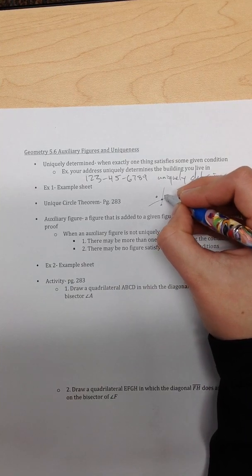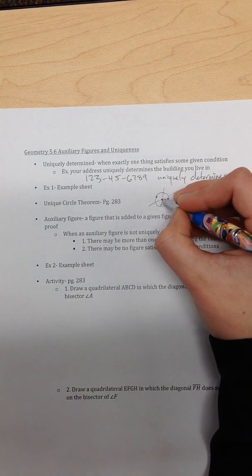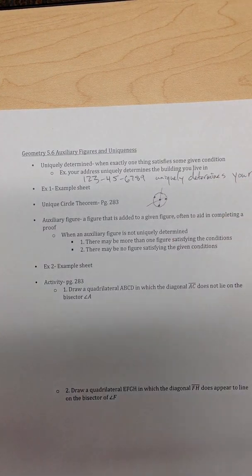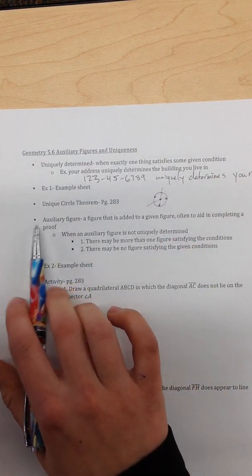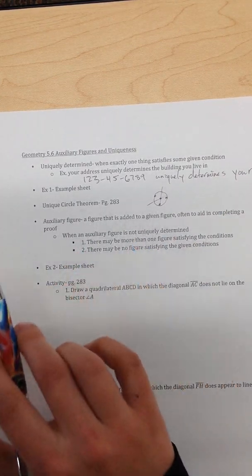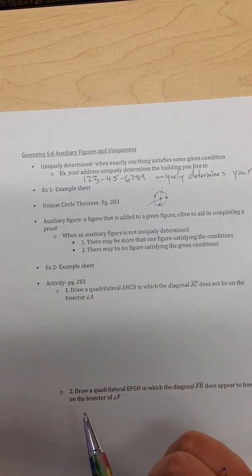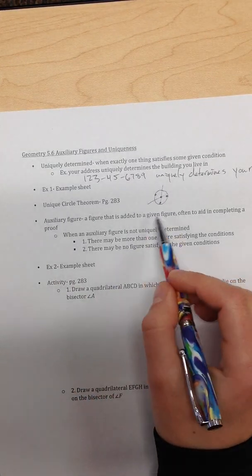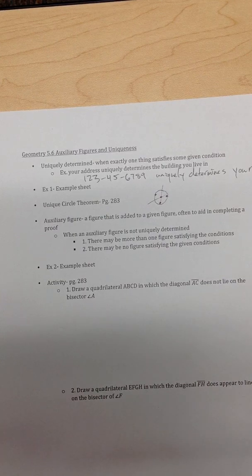We found that middle spot and then made a circle that went through all those points. That's basically what this theorem is saying, so it matches the activity that we did in the last section. If you've got 3 points, there's only one circle that goes through all 3 of those points, and it's a unique circle because there's only one of them.